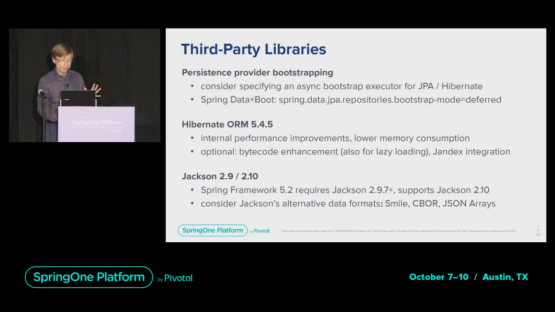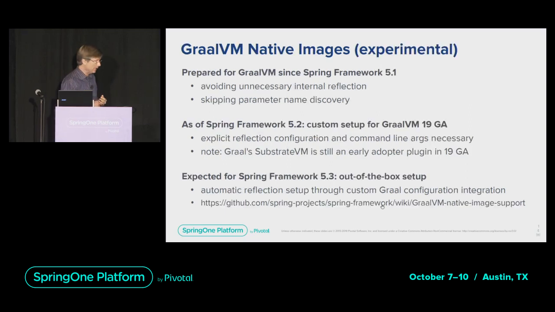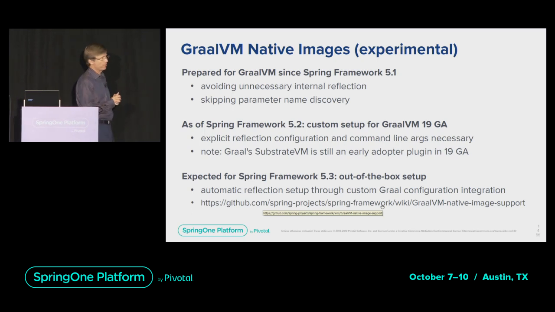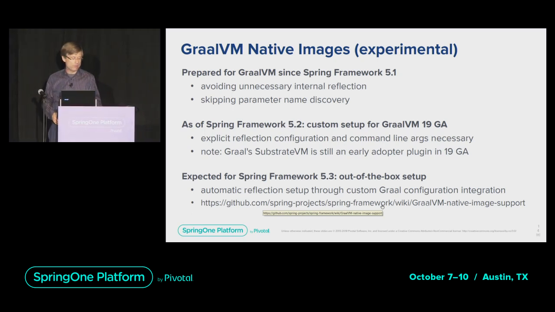All right, so don't forget the third-party libraries. They can be a huge part of your performance profile, both for startup and for request processing performance in a web architecture. Now, two forward-looking stories along that line. We have been experimenting with GraalVM Native Images for the longest time now, so for more than a year.